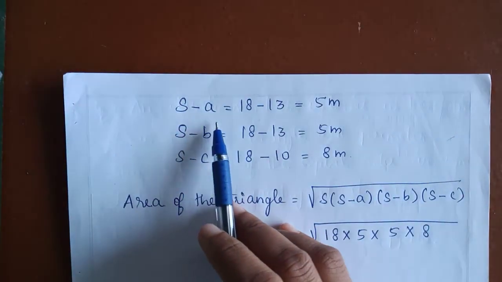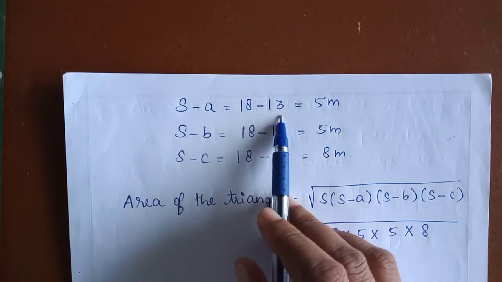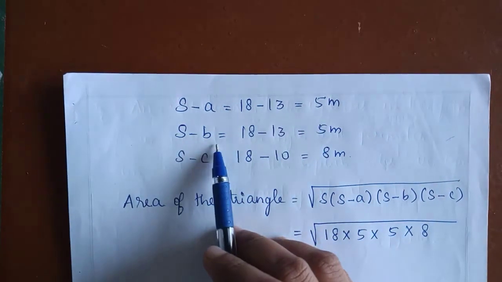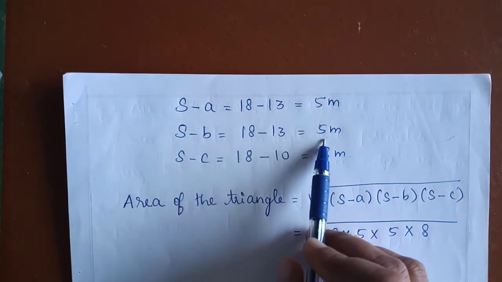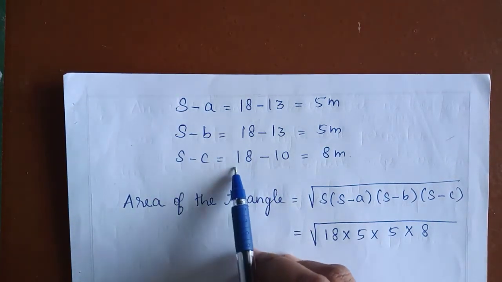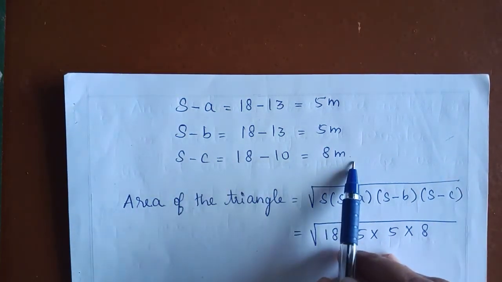Then next we find the value of S minus A is equal to 18 minus 13 is 5 meter. S minus B is 18 minus 13 is equal to 5 meter. S minus C is equal to 18 minus 10 is equal to 8 meter.